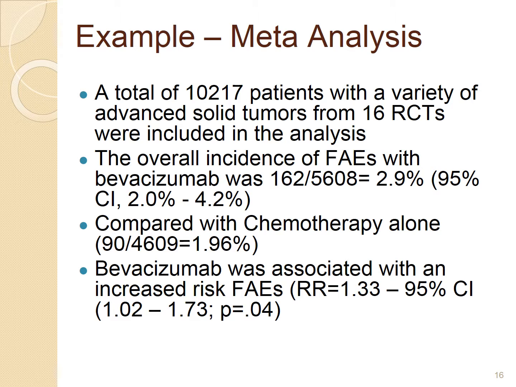After calculating the relative risk, we found that bevacizumab was associated with an increased risk of fatal SAEs. The relative risk from this meta-analysis was 1.33 with a 95% confidence interval ranging from 1.02 to 1.73.